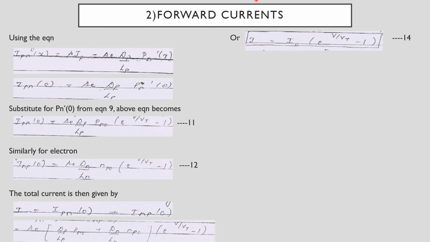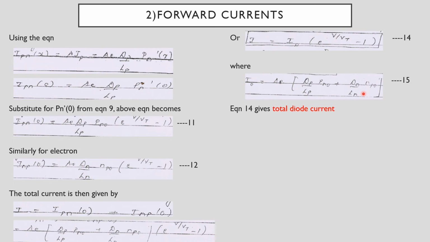Or we can write this equation as I is equal to I0 into e raised to V by Vt minus 1, equation 14, where I0 is all these constants, Ae into Dp by Lp into Pn0 plus Dn upon Ln into Np0, equation 15. So equation 14 will give the total diode current.